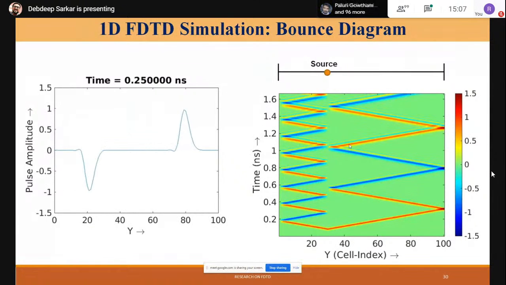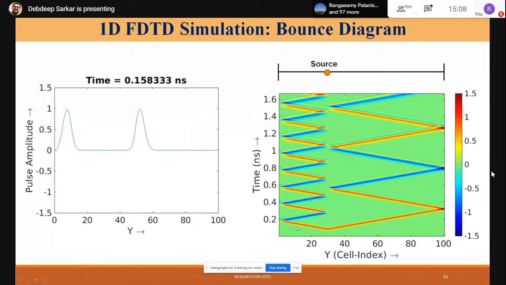Instead of generating a movie, I used all the values of the electric field. Maybe I should have mentioned it here, but you can consider that these are electric field samples along the y-axis which I have chosen. After some point of time, at around 0.1 nanosecond, maybe you can see it from the movie itself, I'll wait for it to start.